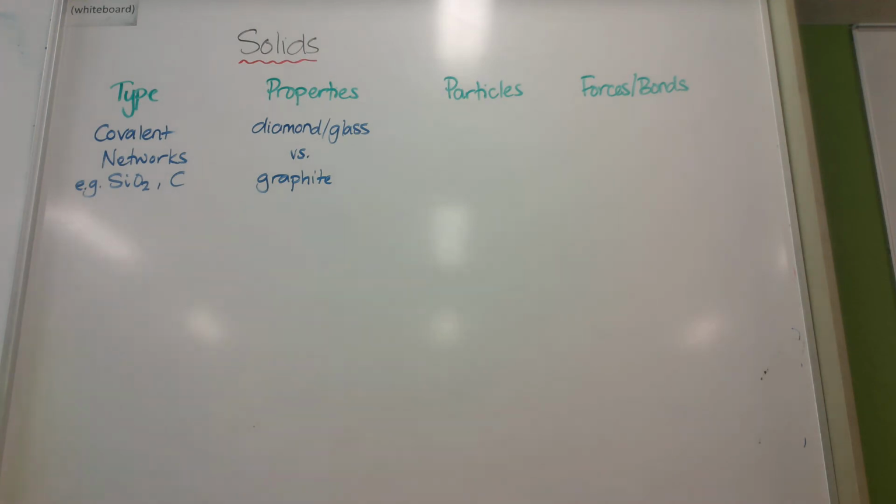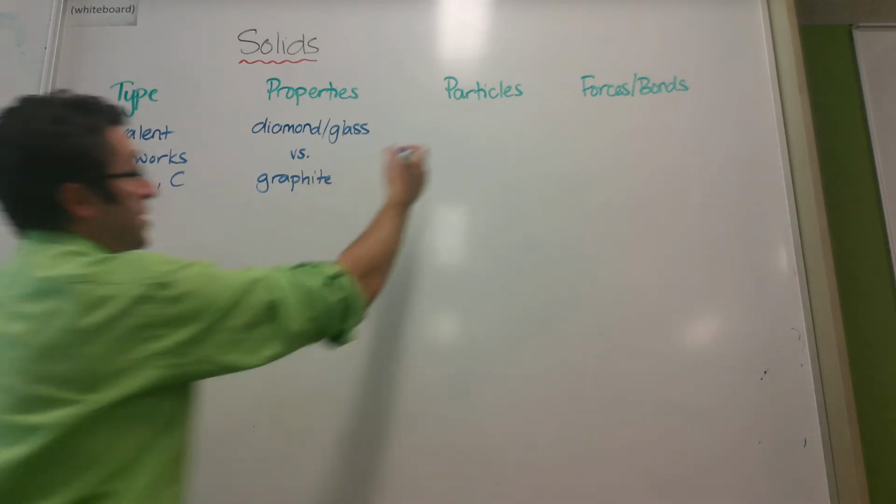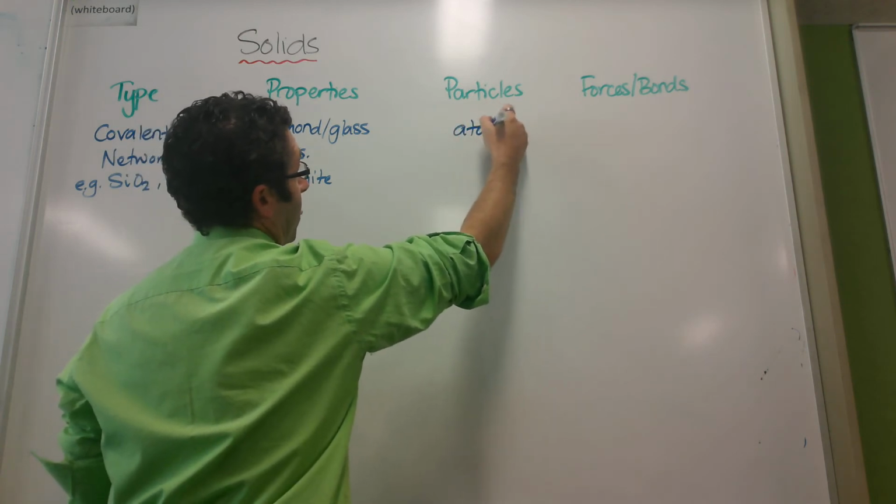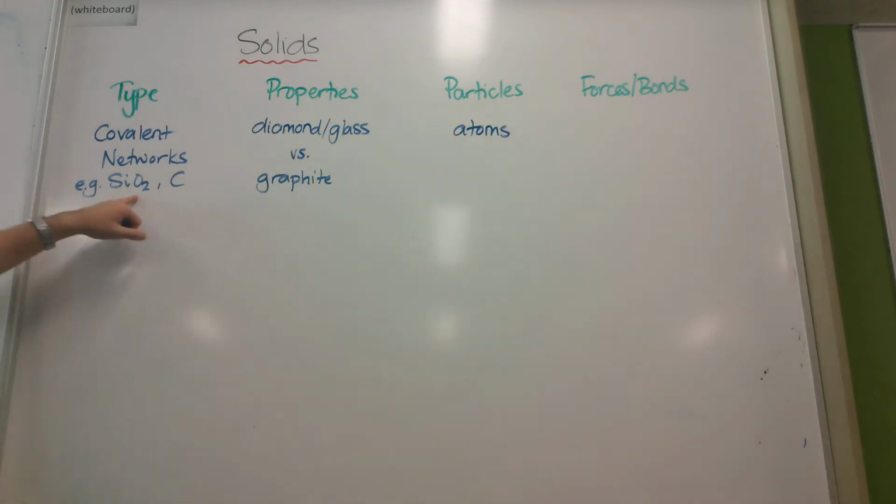Now, how would we describe the particles in here? Notice how I've written graphite, or diamond, or graphene. What have I put there? Carbon. So that would infer that these are atoms, because I do the same thing for metals, don't I? I just write Fe. And that's exactly what we say. The particles are atoms. Now, notice silica SiO2. That's not an SiO2 molecule.